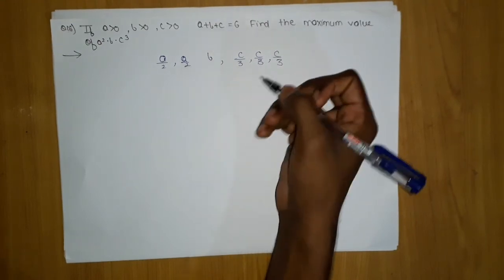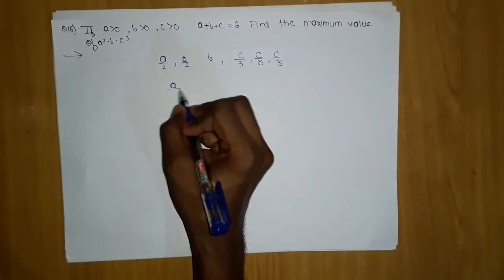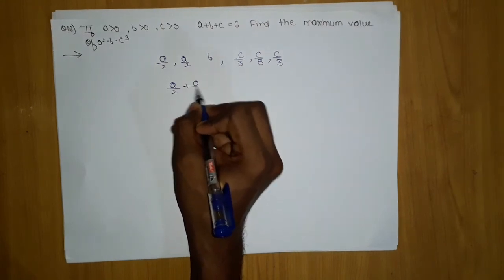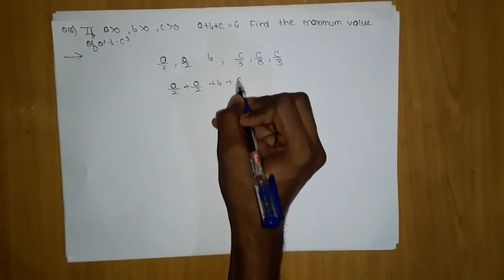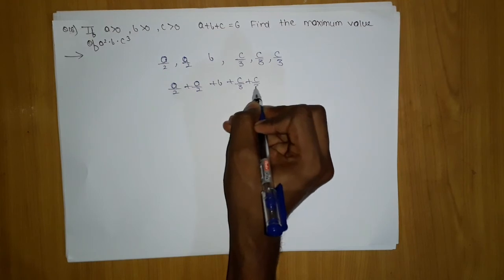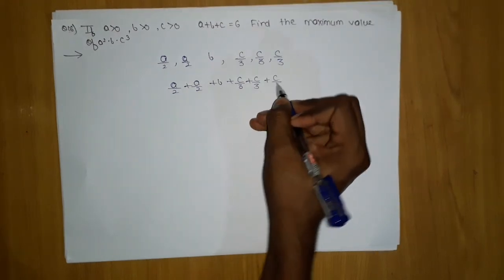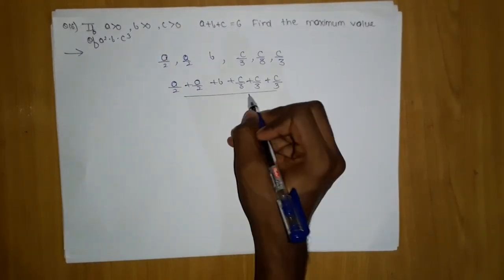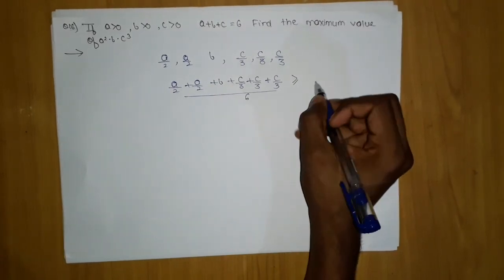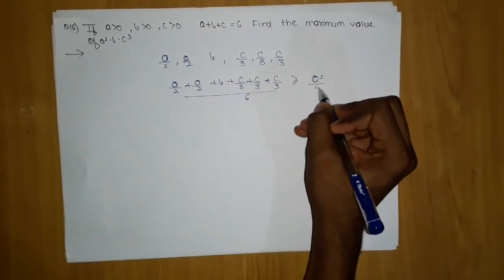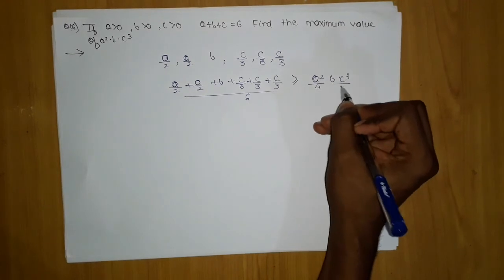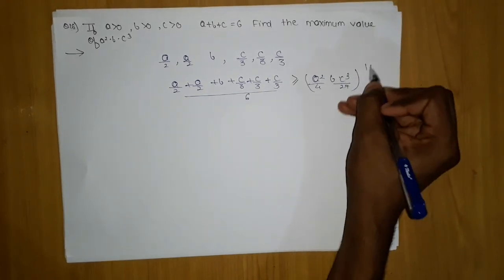How many terms are there in total? 2 plus 1 plus 3, 6. So apply AM greater than or equal to GM on them. On adding I am still getting 6, but on multiplying I am getting a constant, so that is the advantage. So a square upon 4, b, c cube by 27, the whole power 1 by 6.